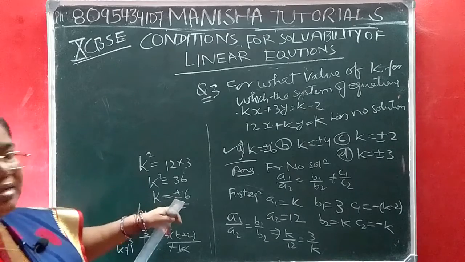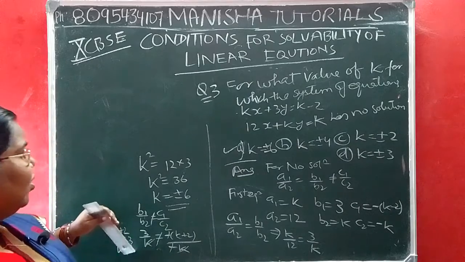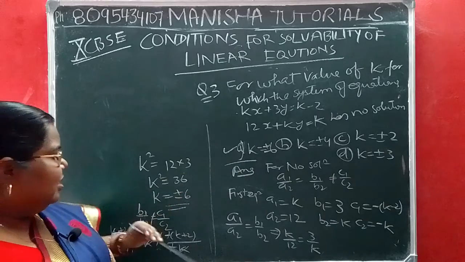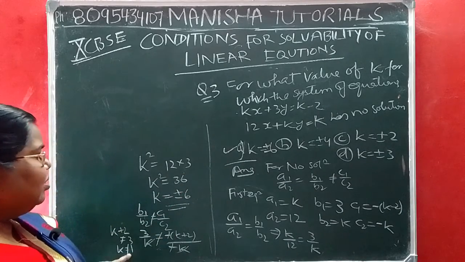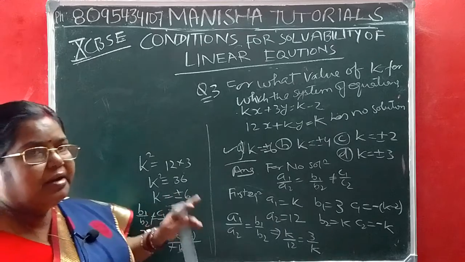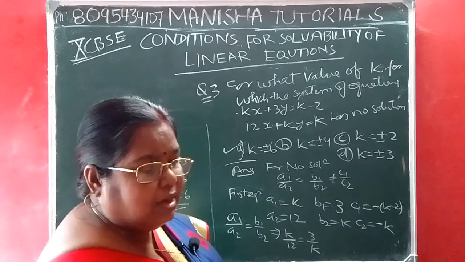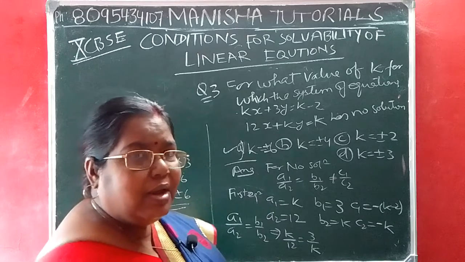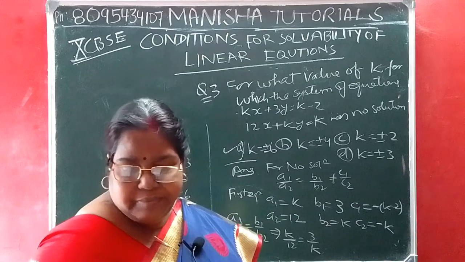Since k is not equal to 1, plus minus 6 is fine. Our answer is correct, k is plus minus 6. It is coming for not equal to; you only need to go up to the first equality and easily take the answer. Then the third question is over. Based on all three conditions, keep the idea in mind and solve the conditions accordingly. Now come for question number 4.